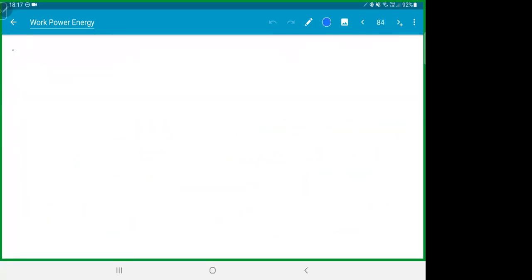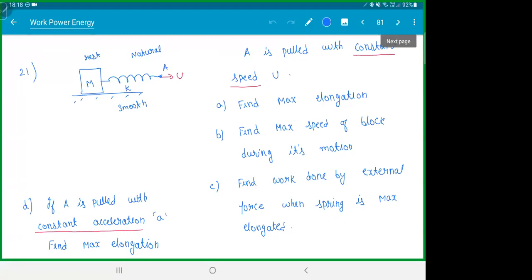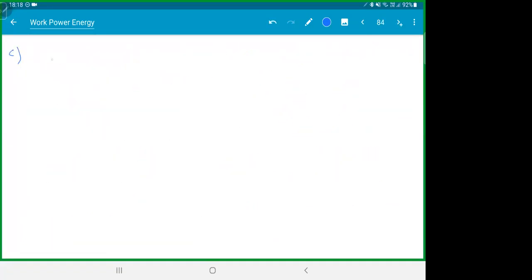So the work done by the external force. This is a good question. That is the reason I gave it as homework and gave you time to think about it. The work done by external force when the spring is maximum elongated. Now, in the ground frame, when the spring is max elongated, the velocity of the block is equal to the velocity of A. A thinks the block is at rest now.